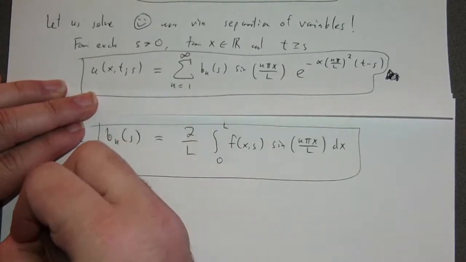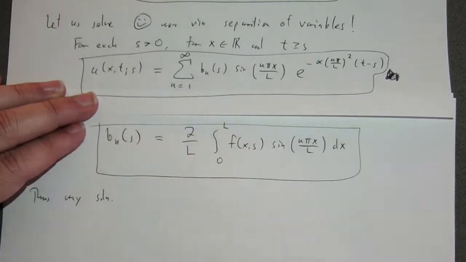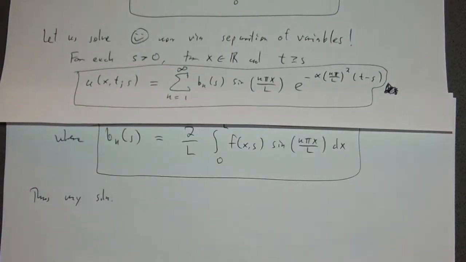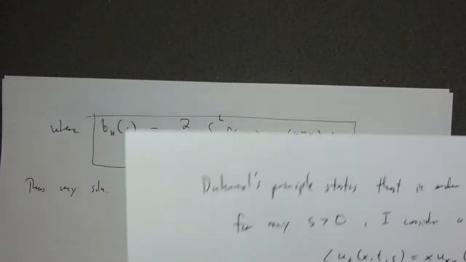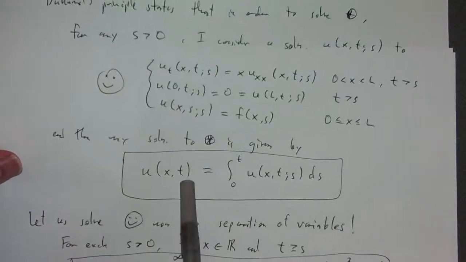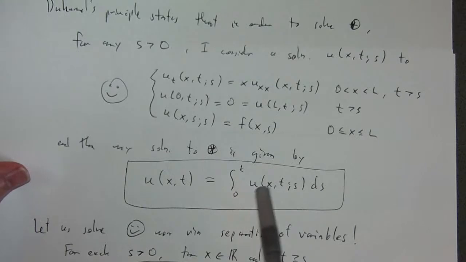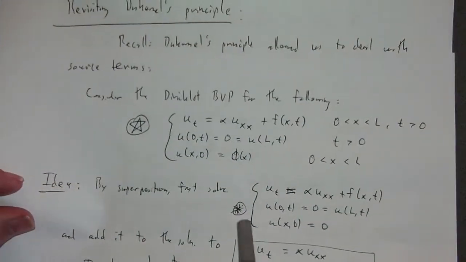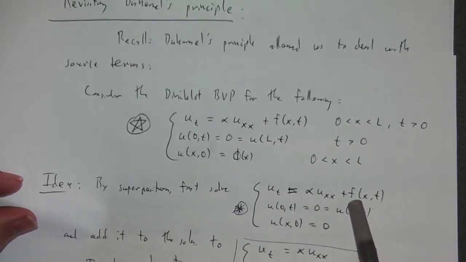Then my solution to the original problem, since my solution to asterisk is given by integrating with respect to this parameter s from 0 to t, of course solves this completely homogeneous problem with source term.